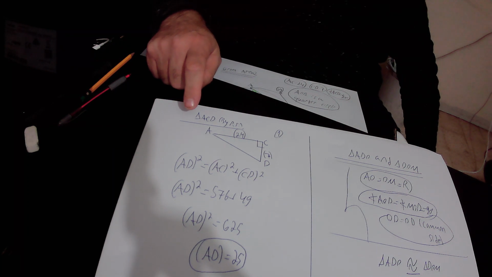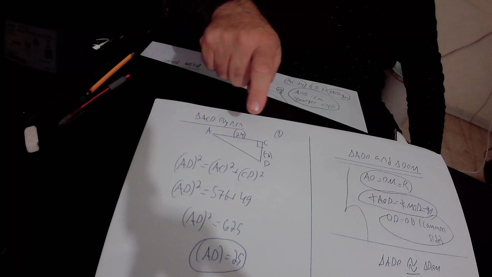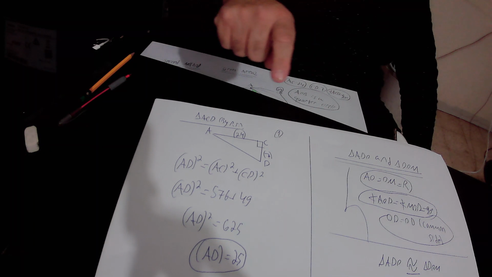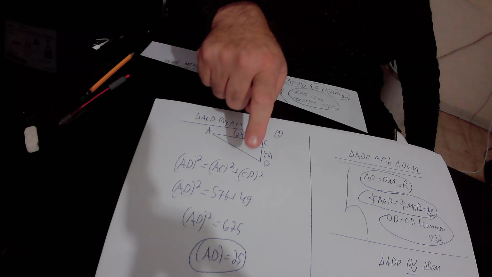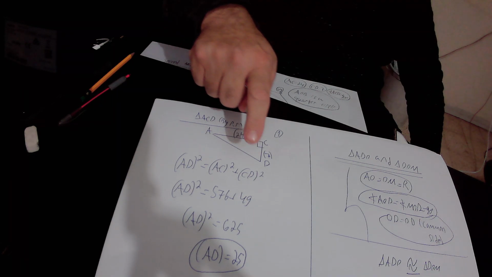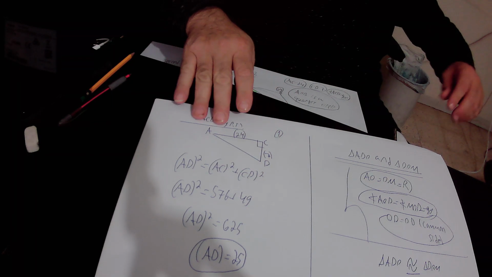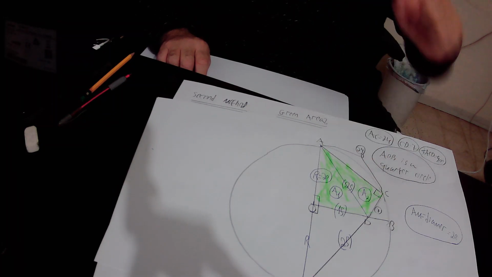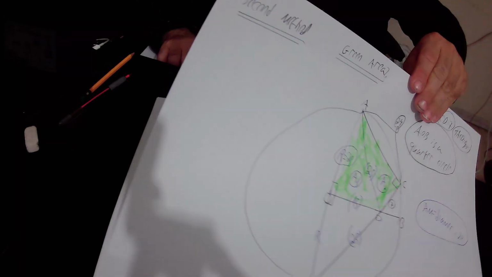So in conclusion, we found out that AD square equals 576 plus 49, that is actually 625. We took the square root of this equation and found out that AD equals the square root of 625, that is 25. So we found out that the hypotenuse AD equals 25 units in length.